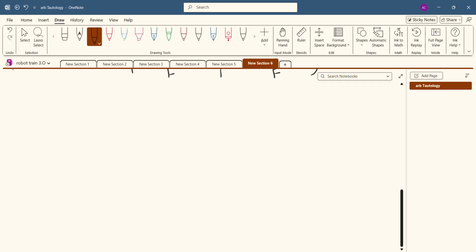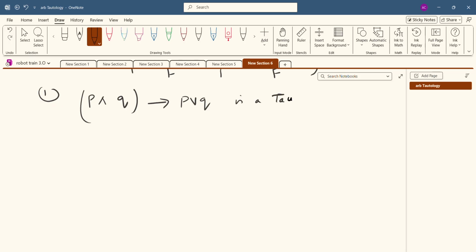The first example, without using a truth table, or we can call it using laws of logic. You have to prove the following: P conjunction Q conditional P disjunction Q is a tautology. What are you going to prove?